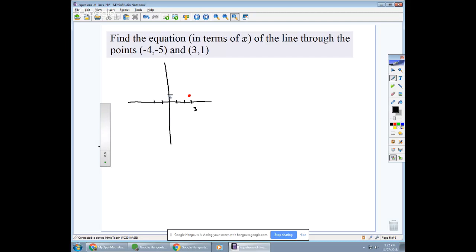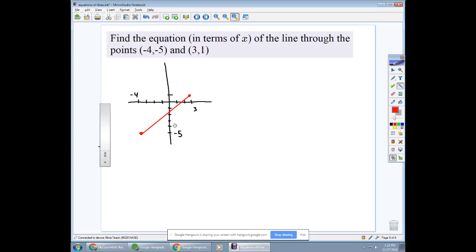So 1, 2, 3, 4, down 5. 1, 2, 3, 4, 5. Graph paper would be nice. So I have a point about here. Yeah, that looks pretty good. All right, so then my line is that sucker right there.